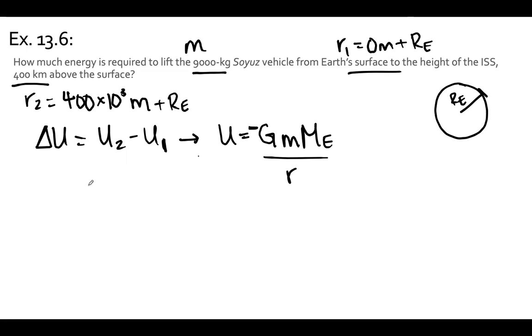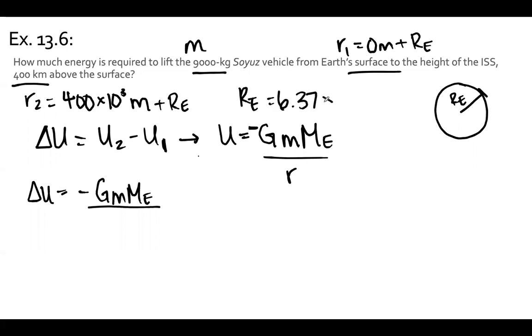So we actually have delta U equal to negative G M E over 400 times 10 to the third plus R sub E, where R sub E is equal to 6.37 times 10 to the 6 meters.